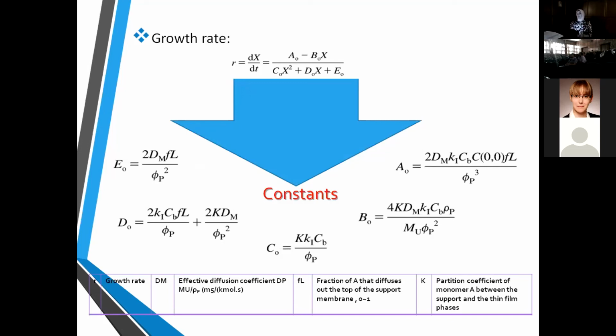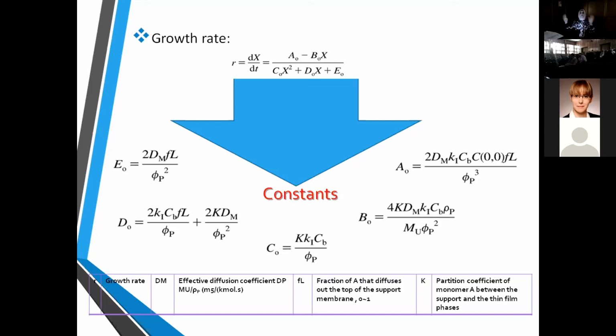K is the partition coefficient of monomer A between the support and the thin film phases. The other terms are as we discussed before.